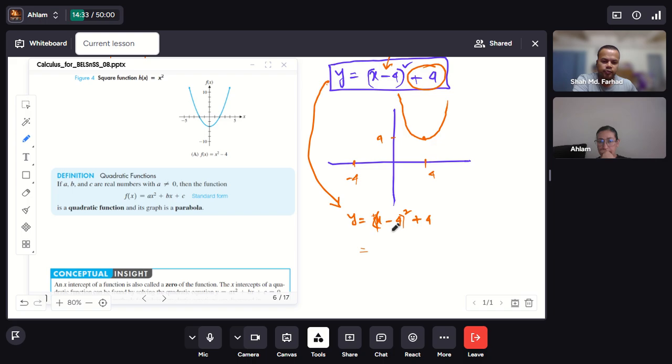So if we simplify this, it will be x squared negative 8x plus 16 plus 4. That means y equals x squared negative 8x plus 20, right?